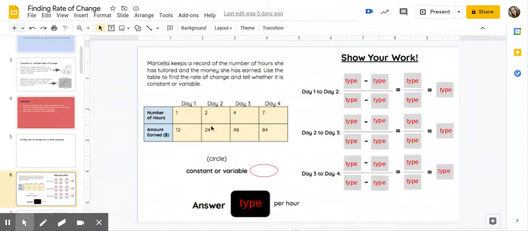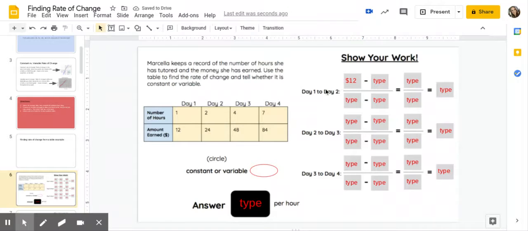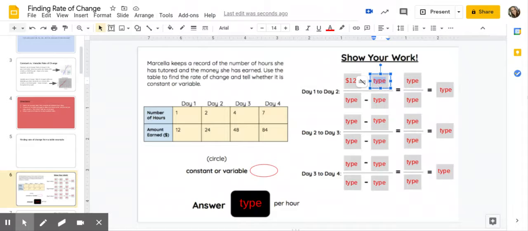I'll show you. So I'm going to start out with the 12. So $12 minus, it increases to $24. So that is a change of negative $12.